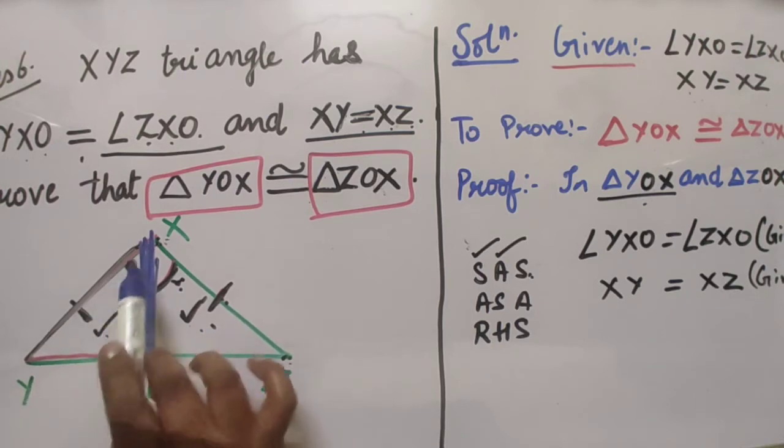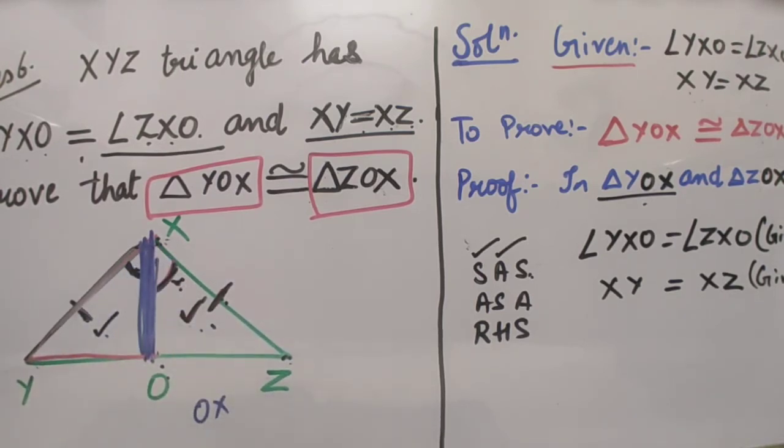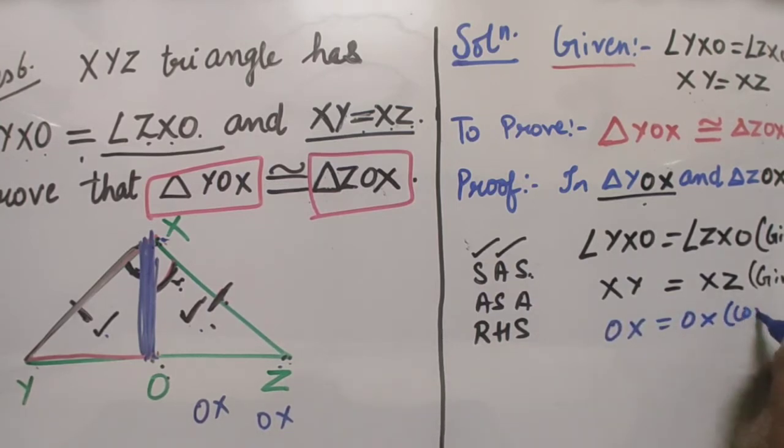Here you can see YOX using OX side as one of its sides, and ZOX also using OX side as one of its sides. So here we can write OX and OX is a common side, right? It's a common side.